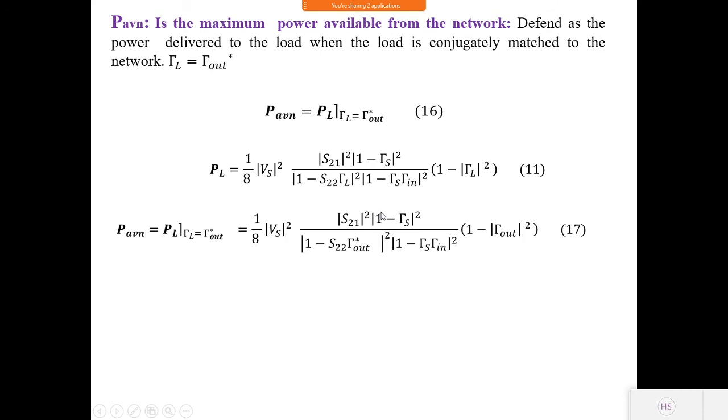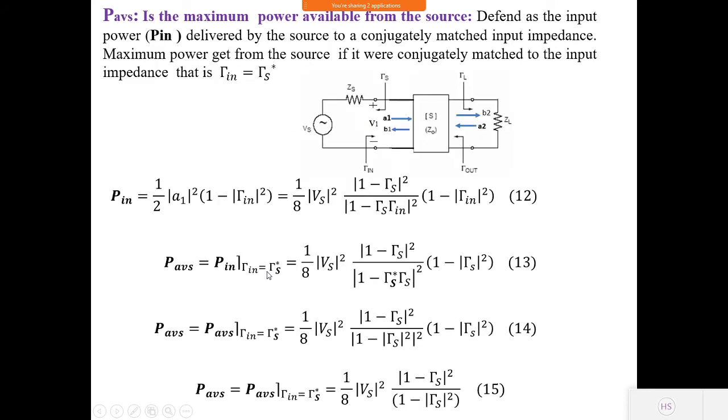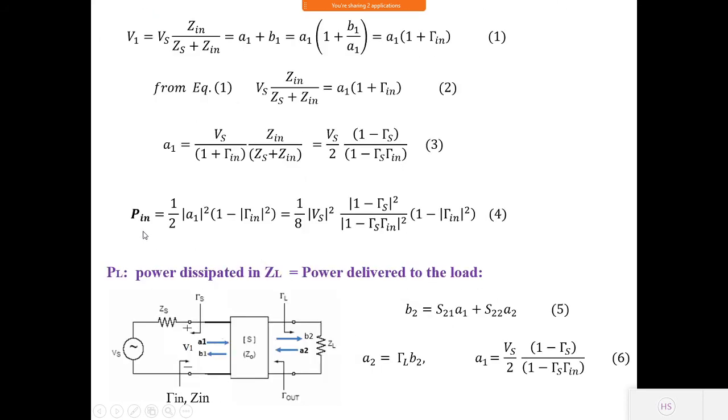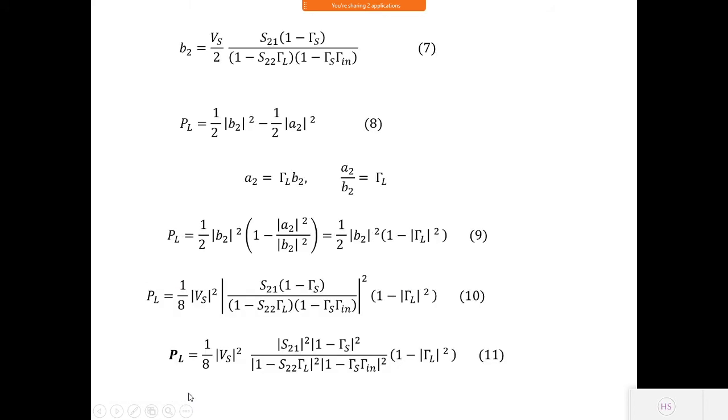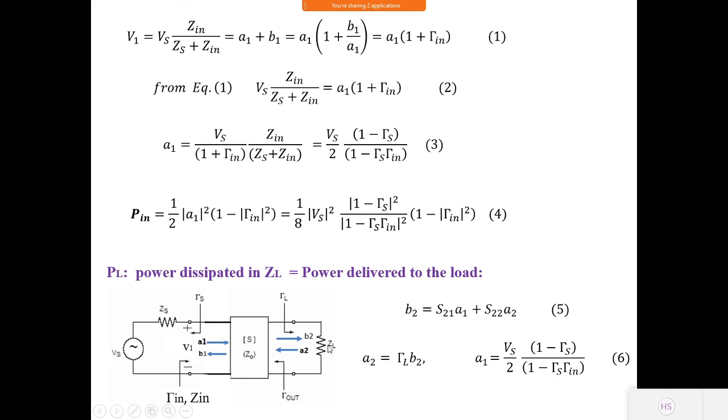That's all. Okay. So like these four power definitions are there. First one is PIN, actual power delivered to the network without matched condition. Γ is not matched with the Γin. Next, PL we got. PL is power delivered to the load under mismatched condition. Again, ΓL not equal to Γout. Okay.